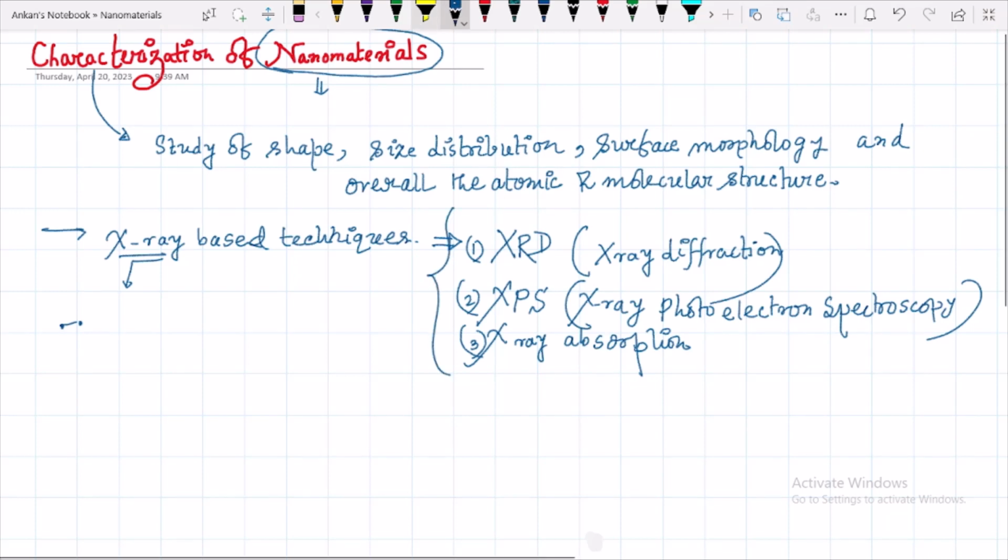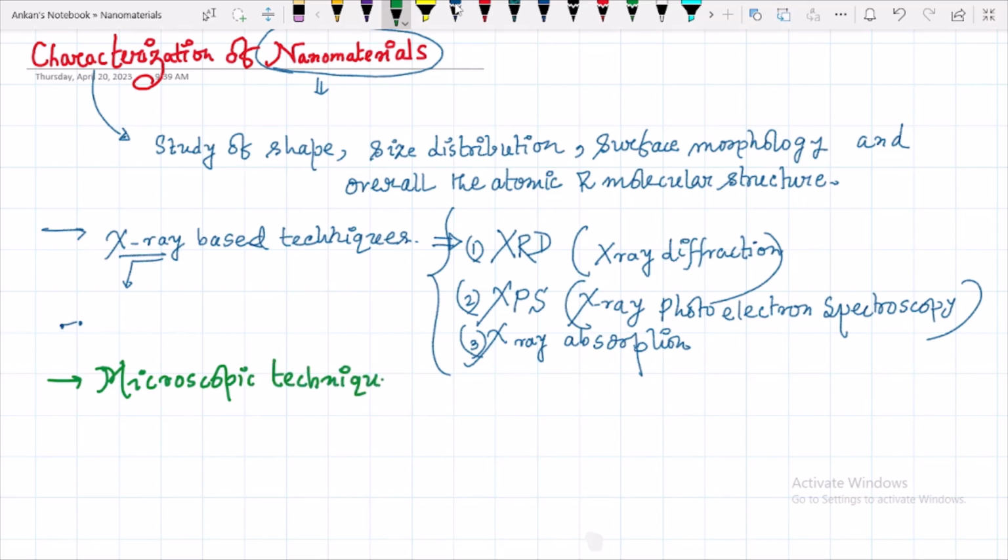Now there are other methods also available for studying nanomaterials, for the study of shape, size, surface morphology, etc., which are based on microscopy techniques.